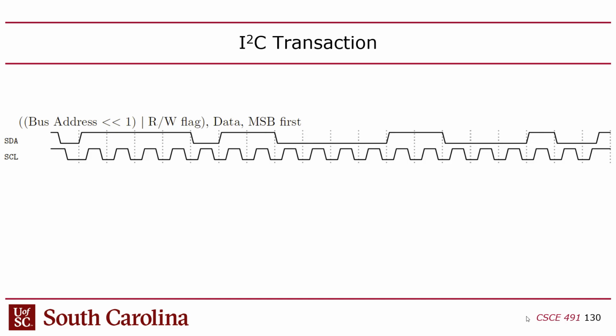Most significant bit first, and read is always 1 and write is always 0. And the clock levels, yes. I think it's an IEEE standard, right? Unlike SPI, which was kind of catch as catch can, this is consistent.